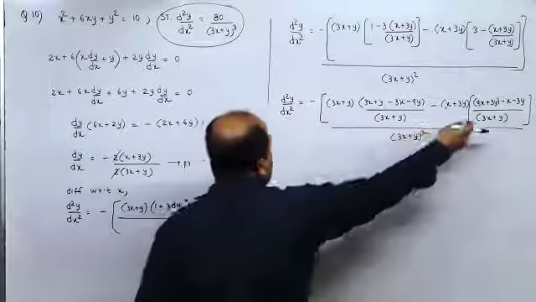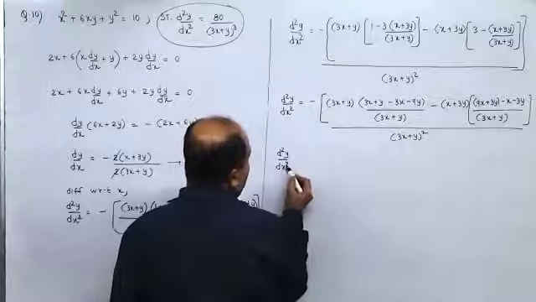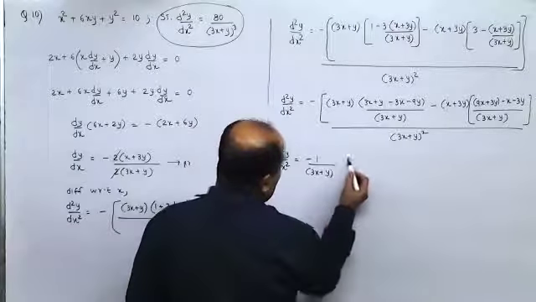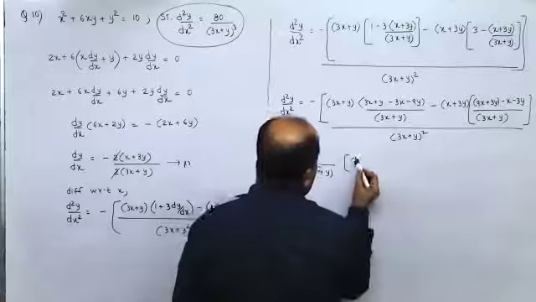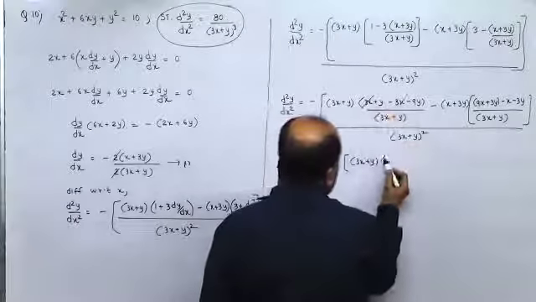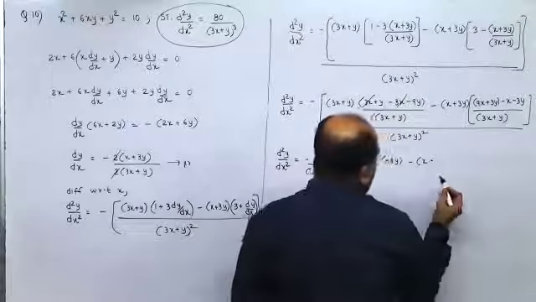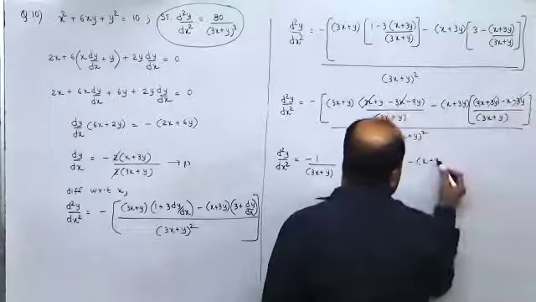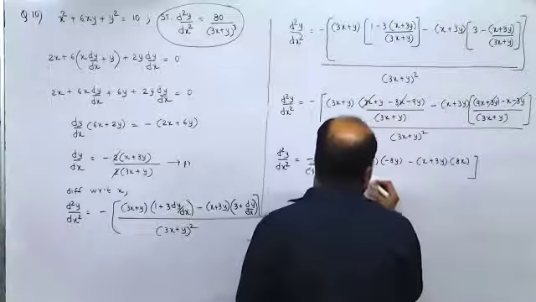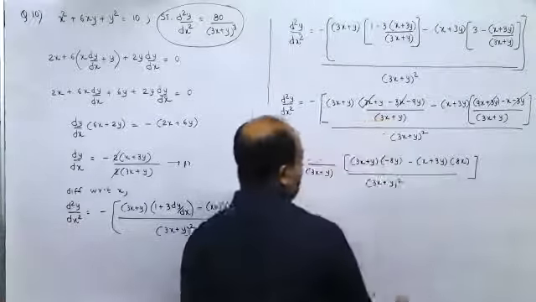Now I can take (3x plus y) common here, so I'll get d square y by dx square equal to minus 1 upon (3x plus y), and I'll be getting (3x plus y) into, y minus 9y is minus 8y, 3y and 3y get cancelled, this is 8x, upon (3x plus y) the whole square.